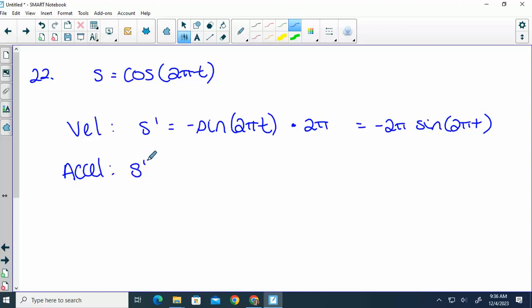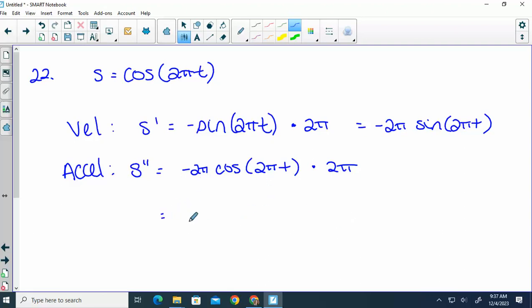So acceleration, second derivative, we know the coefficient just stays. So that negative 2 pi isn't going anywhere. What's the derivative of sine? Cosine. Inside stays the same, times derivative of the inside. What's the derivative of 2 pi t? 2 pi. Alright, and it told us that it was 5 seconds.